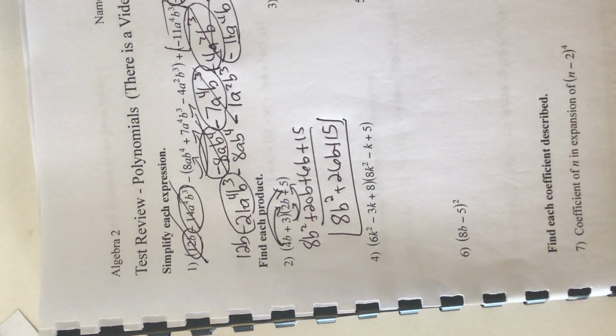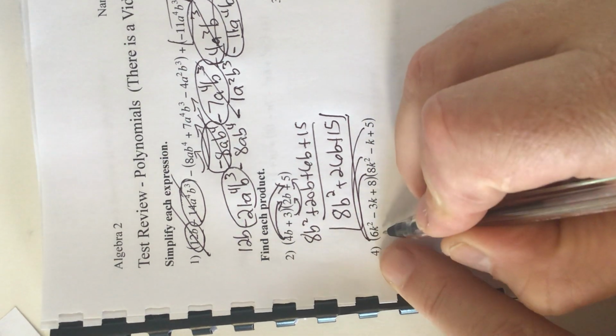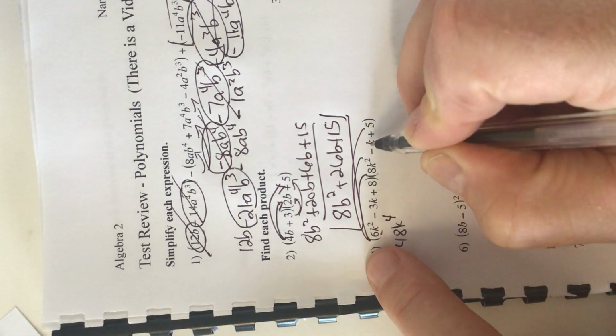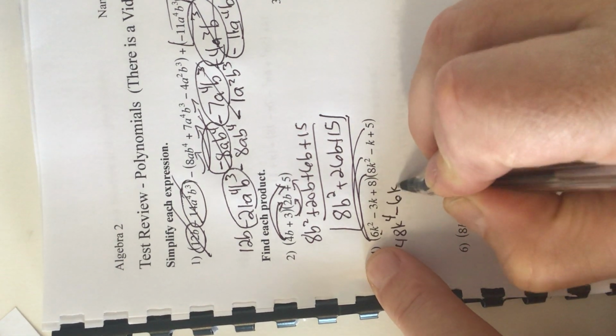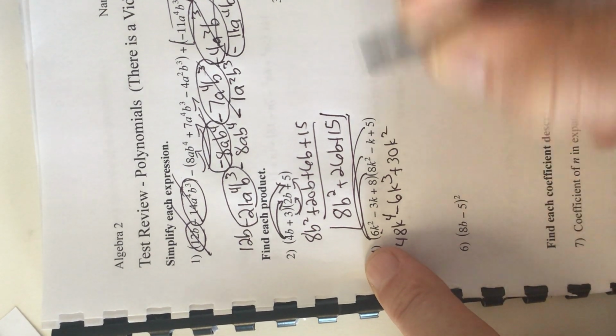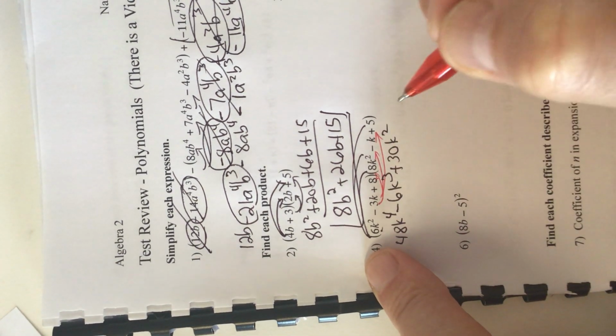Okay, 4 is just more of the same, only now this is going to have 9 pieces. So 6 times everything. 6 times 8 is 48k to the fourth. 6 times negative k is negative 6k to the third. 6 times 5 is 30k squared. Then I'll take the negative 3 times everything.